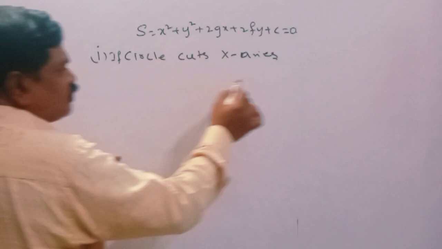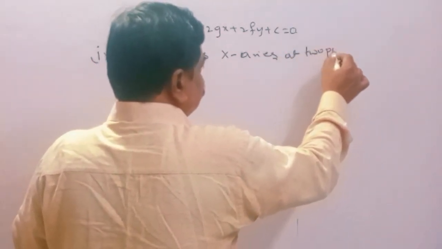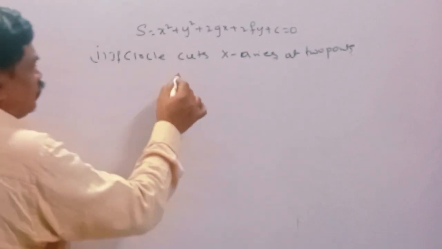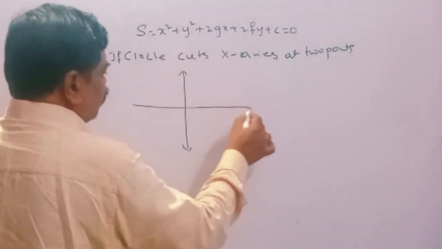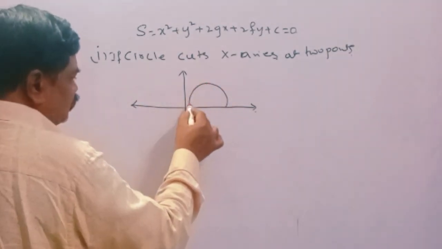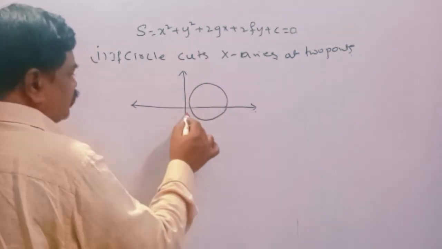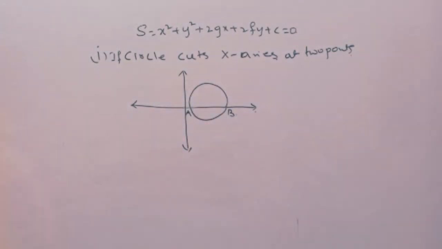If the circle cuts the x-axis at 2 points, then what? This is the y-axis and this is the x-axis. Then the circle is like this. This is the point A, this is the point B.